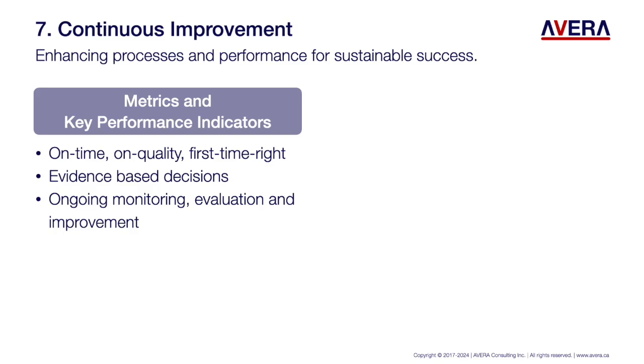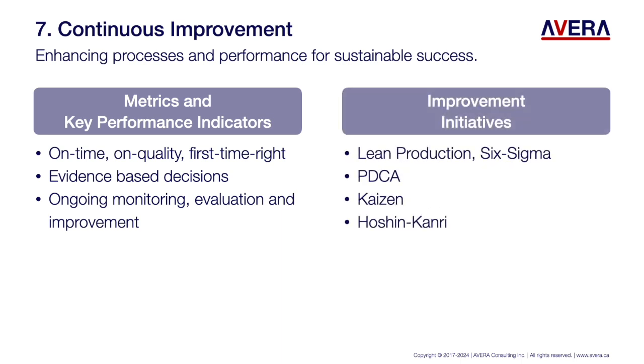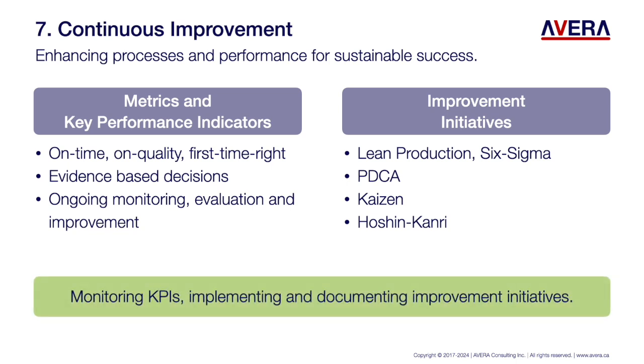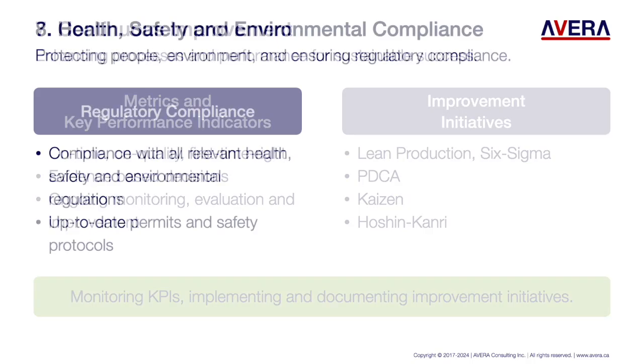Auditors will look for evidence that you are continuously monitoring and improving your performance. Be ready to discuss recent improvement initiatives, such as lean manufacturing, Six Sigma projects, or other quality improvement efforts. Documented evidence of these initiatives, including outcomes and lessons learned, will be critical.